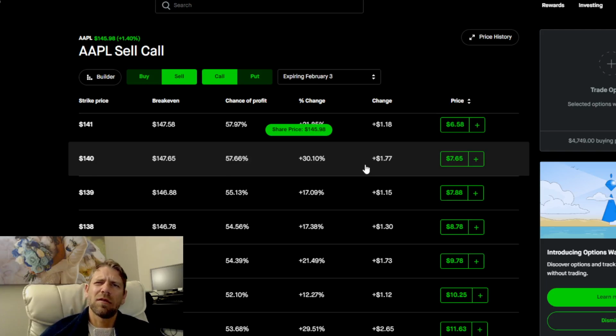Scenario number 1. The stock price stays above 140. In that case, what would I be doing? I would be forfeiting all of the gains above 140. So let's say even if the price is 200 next week, I will not gain any of that.